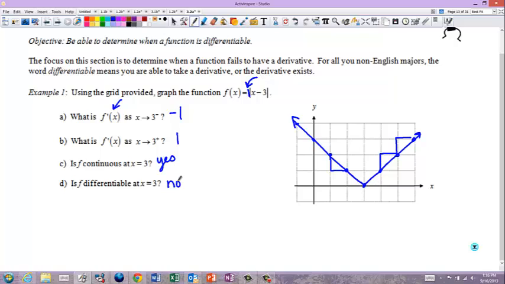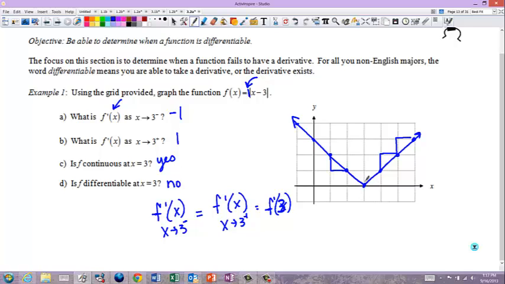In order for it to be differentiable, the derivative as x approaches 3 from the left has to equal the derivative as x approaches 3 from the right, which has to equal the derivative at 3.